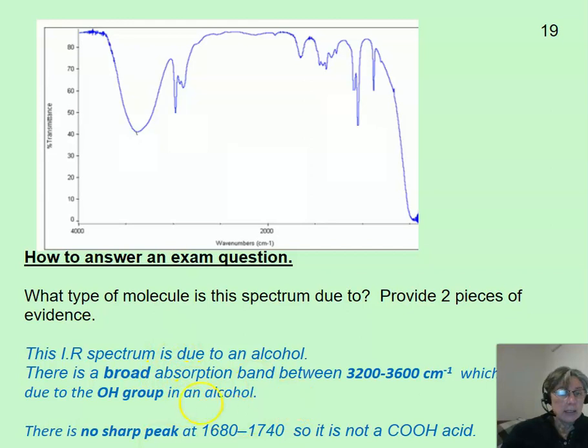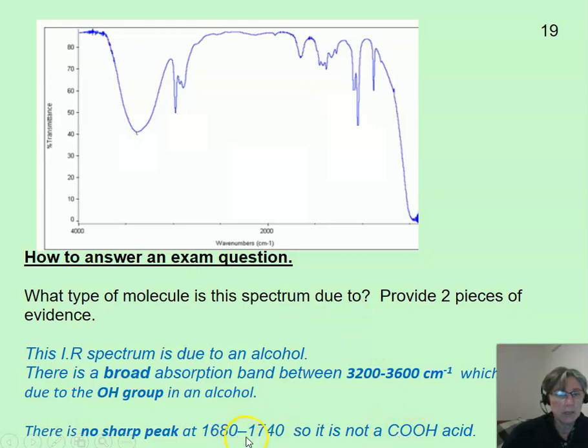Okay, so the other bit of evidence, we're going to look at the OH group that you get in acids. So that's one bit of evidence. This OH group appears in acids. How do you know it's not an acid? So we're going to look, we don't have this carbonyl peak, C double bonded oxygen.